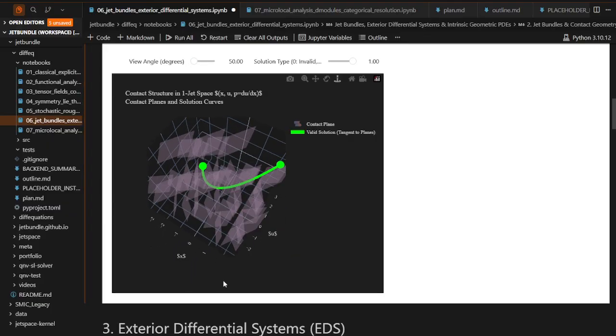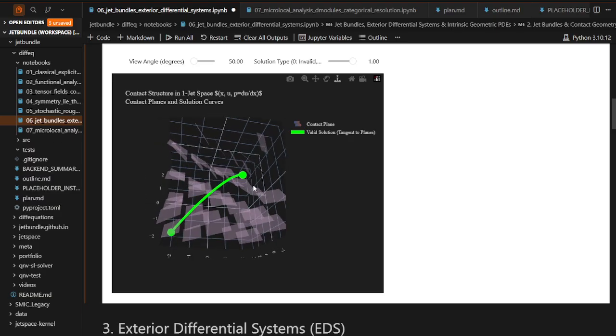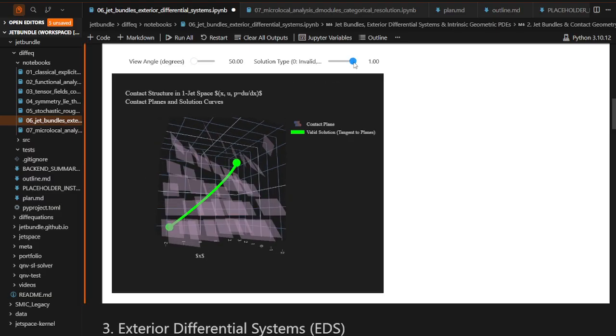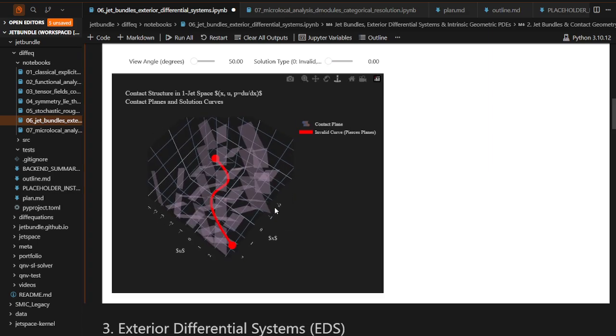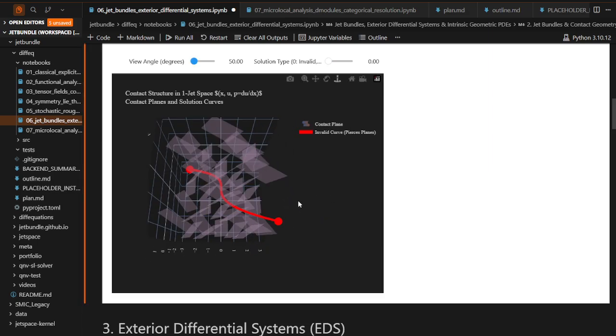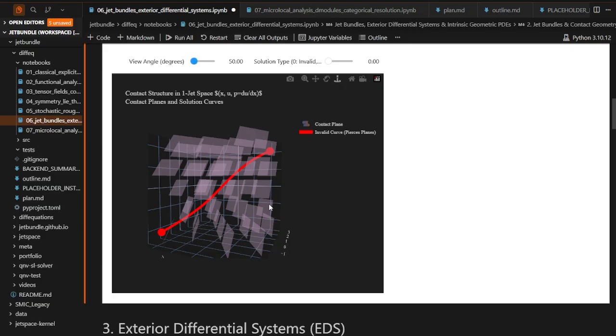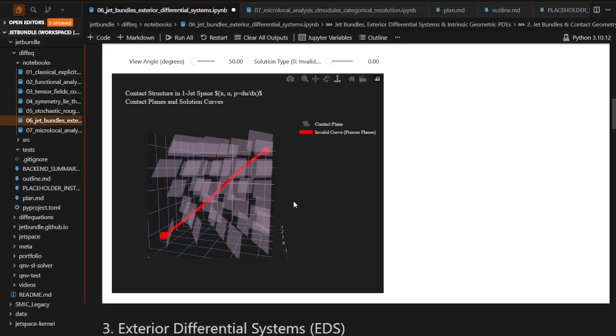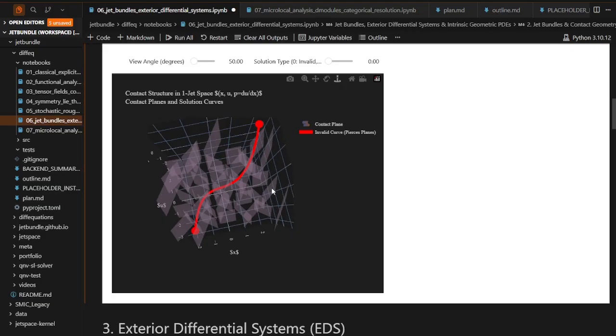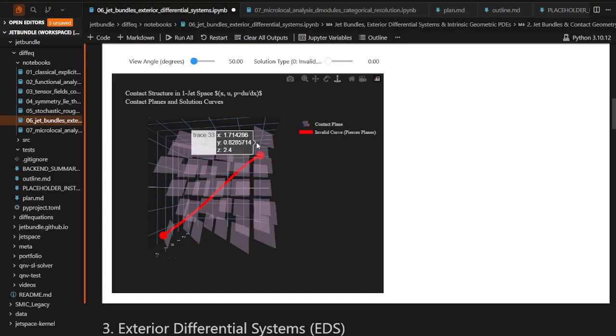It's very nice. But if we were to violate this, if we have an invalid curve, what's going on here is this invalid curve right here is piercing the planes. You see that? It is piercing the planes themselves. They are inconsistent derivatives.